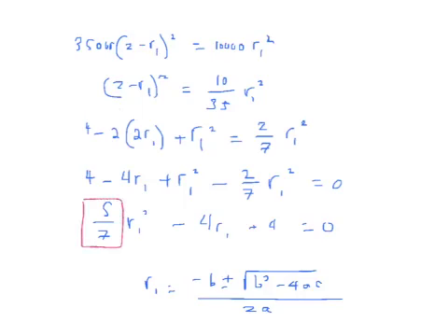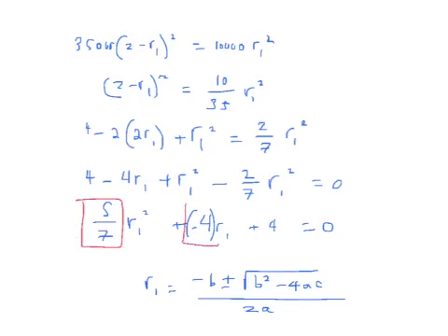So the funny thing about the quadratic equation is figuring out what A, B, and C are. Right? This is A. Here we have minus 4r1, but we really should write this as plus a negative 4r1.